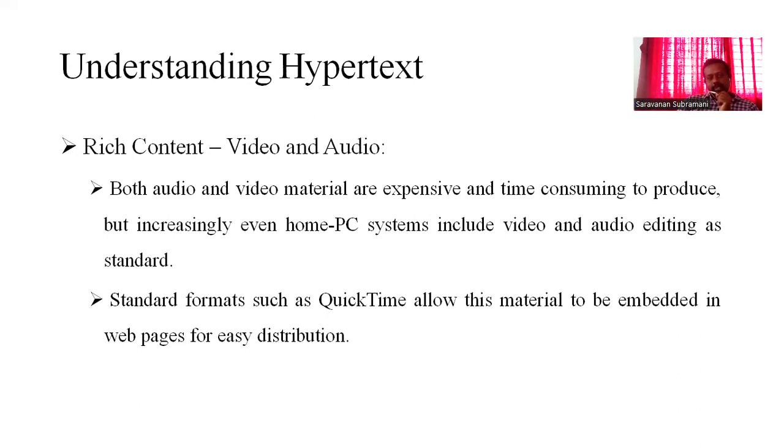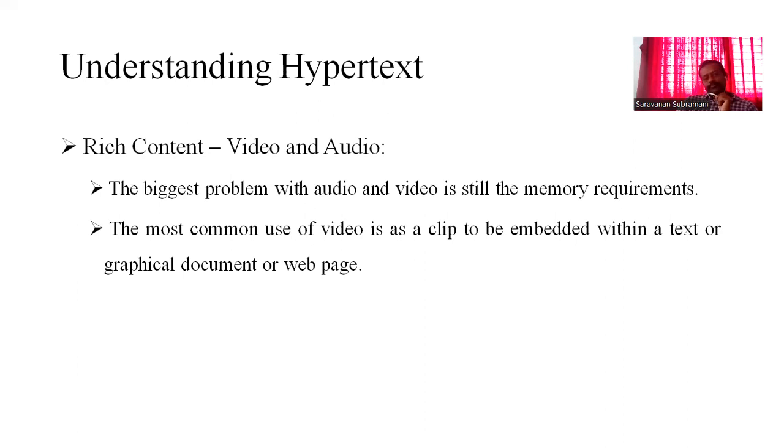Both audio and video material are expensive and time consuming to produce, but increasingly even home PC systems include video and audio editing. Standard formats such as QuickTime allow this material to be imported in web pages for easy distribution around the globe. The biggest problem with audio and video is still the memory requirements.